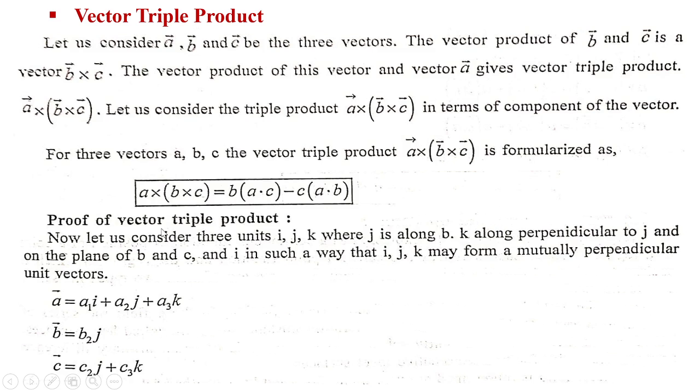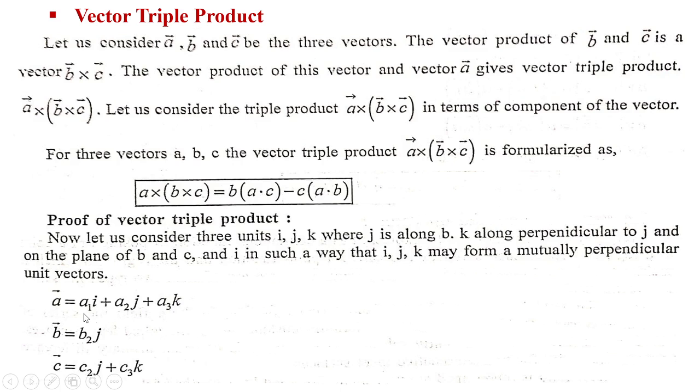Now, proof of the vector triple product. Let us consider three unit vectors I, J, K, where J is along B, and K is perpendicular to J and in the plane of B and C, and I is such that I, J, K form mutually perpendicular unit vectors.